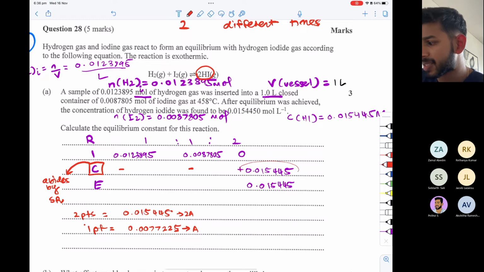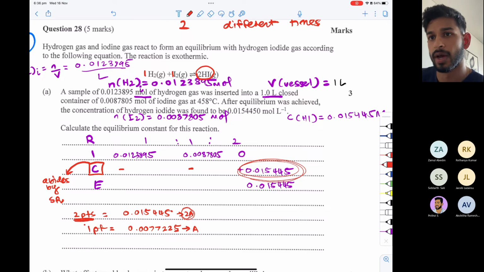HI increased by this much because this value, 2A, is represented by 2 parts in our cooking recipe. H2 and I2 have 1 in front of them. They're only going to ever change by 1 part, not 2. So just like you said, they will decrease, but instead of decreasing by 2A, since they have 1 in front of them, they will change by A. Does that make sense, Akshita? Yeah. Good. So you're just going to write subtract A, subtract A.